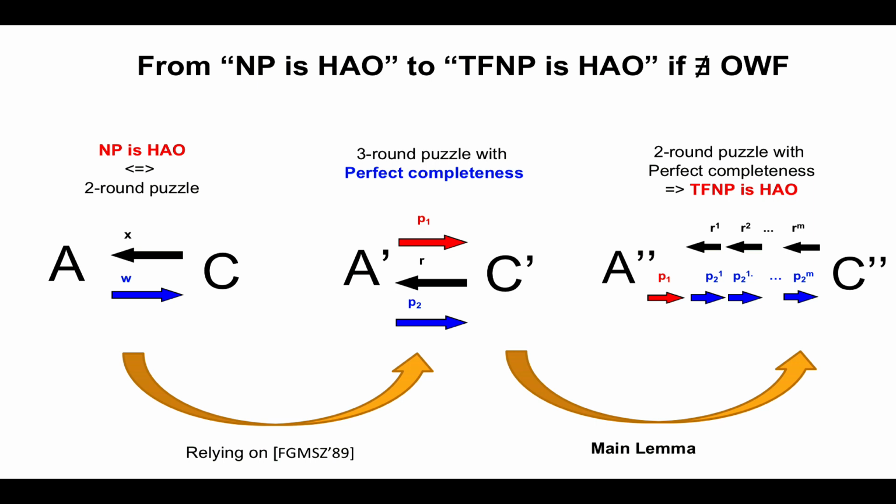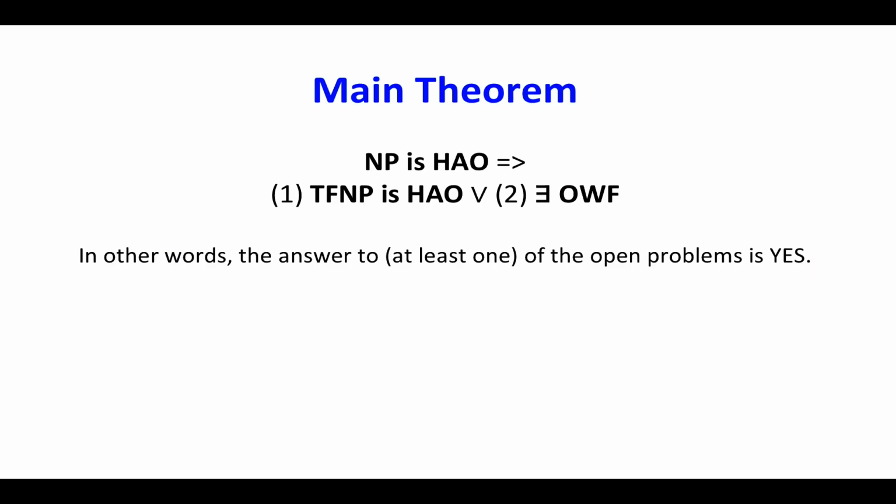So taking this together, what we have is that if NP is hard on average, then TFNP is also hard on average if one-way functions don't exist. And that therefore gives our main theorem that NP being hard on average implies either that TFNP is hard on average or that one-way functions don't exist.